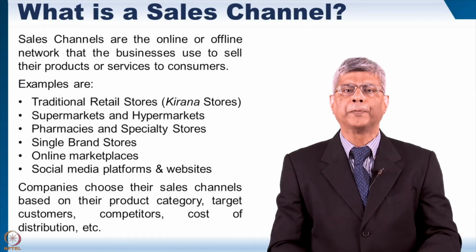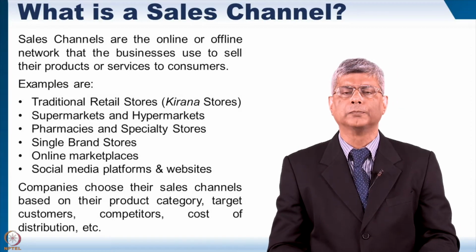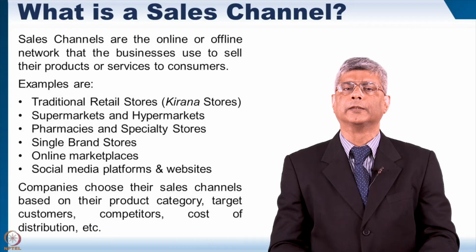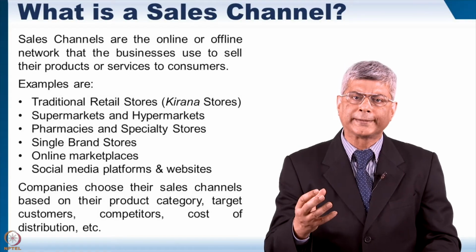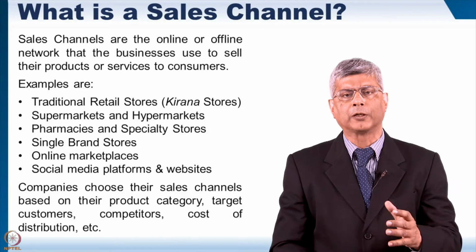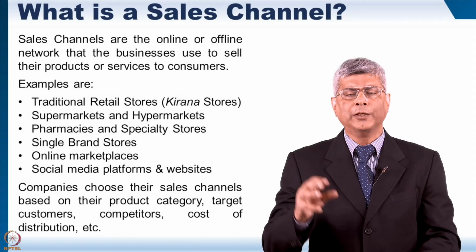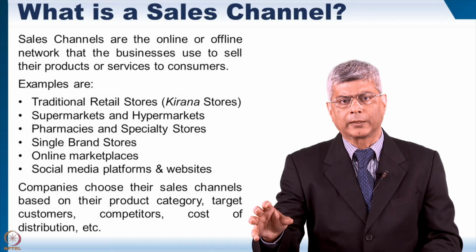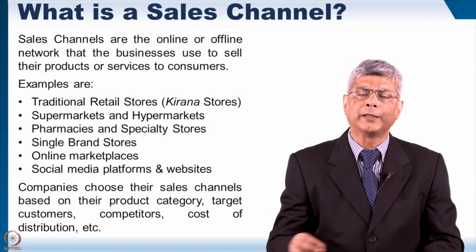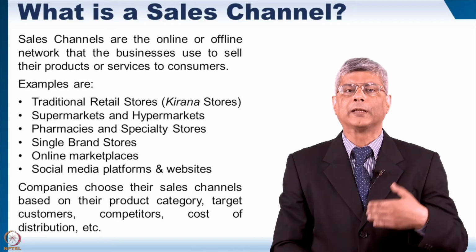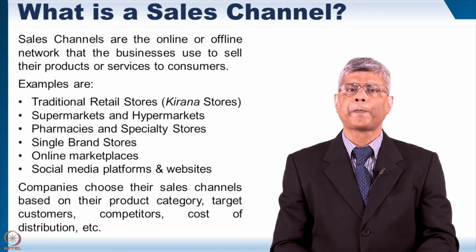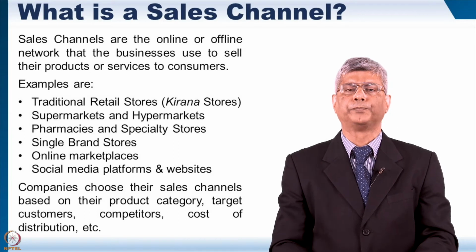You may be going to a supermarket or a mall or a pharmacy, or you could go to a single brand store, a Reebok or Adidas or Nike or Levi's. And you could be buying a product within a 1 kilometer range, but the products are made thousands of kilometers away, or even outside India.